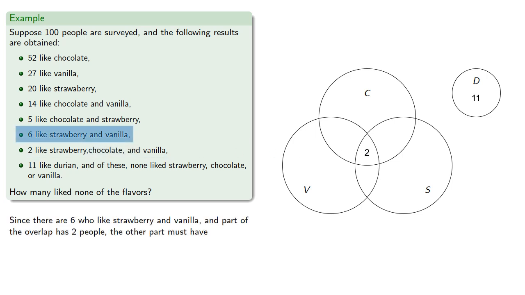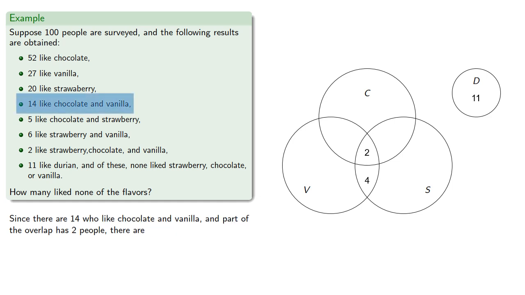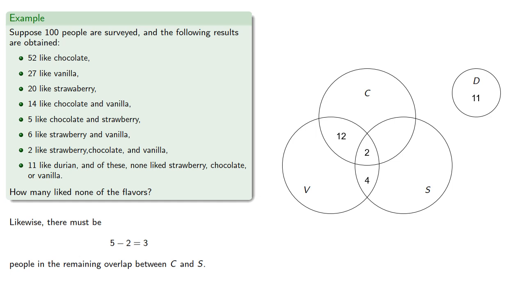Since there are 6 who like strawberry and vanilla, and part of that overlap has 2 people, the other part must have 4 people. Since there are 14 who like chocolate and vanilla, and part of the overlap has 2, there are 12 in the remainder. And likewise, there must be 3 in the remaining overlap between C and S.